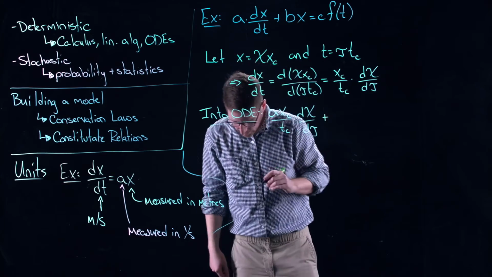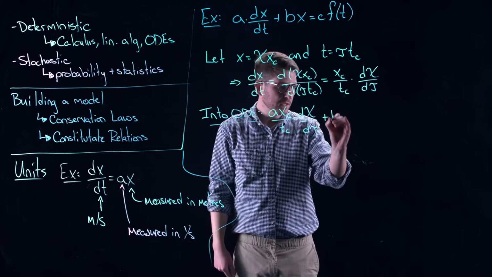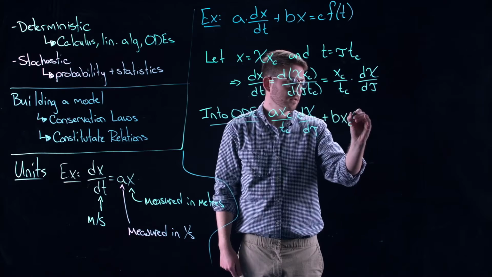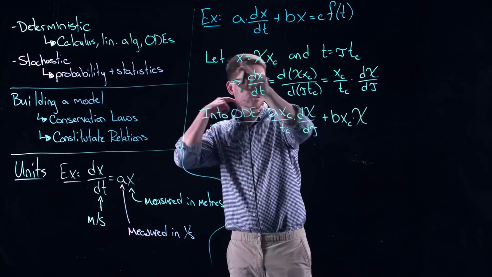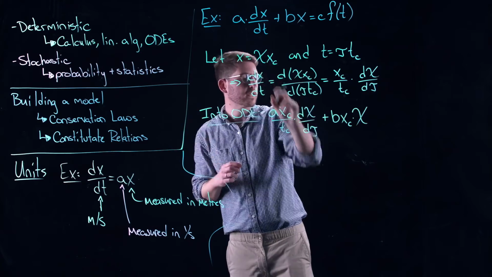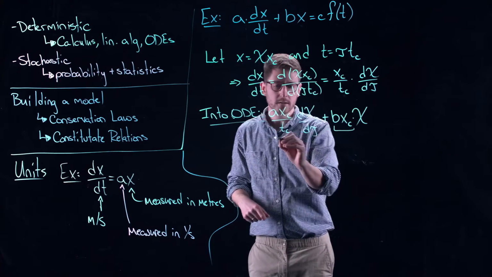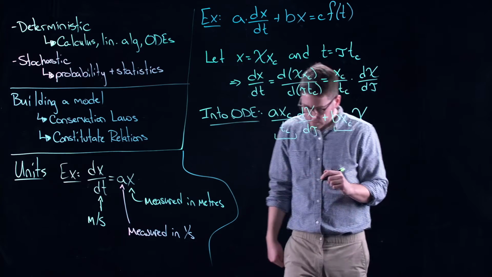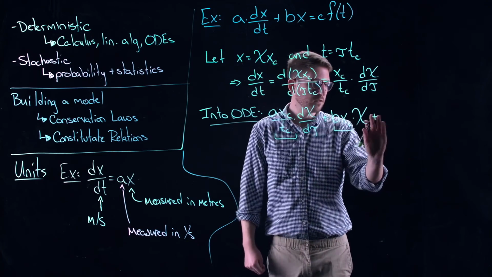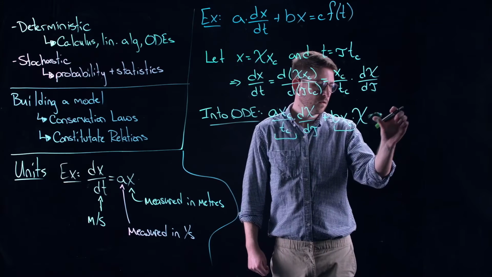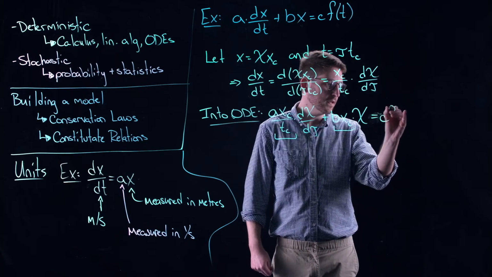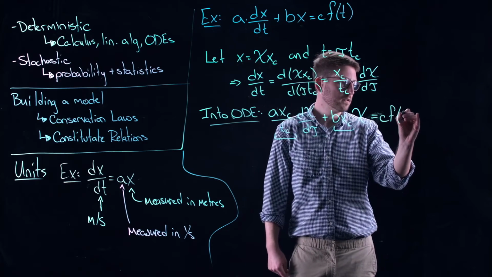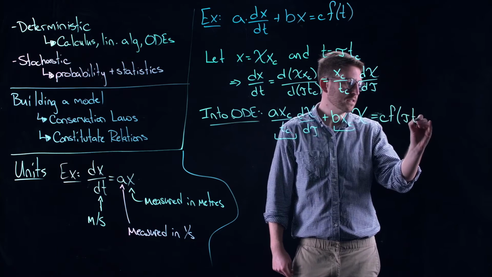Plus B x_c times chi. That's just replacing x with chi x_c. All I'm doing is putting the constants together out front of these variables. And then, similarly, I get equals C f of tau t_c.